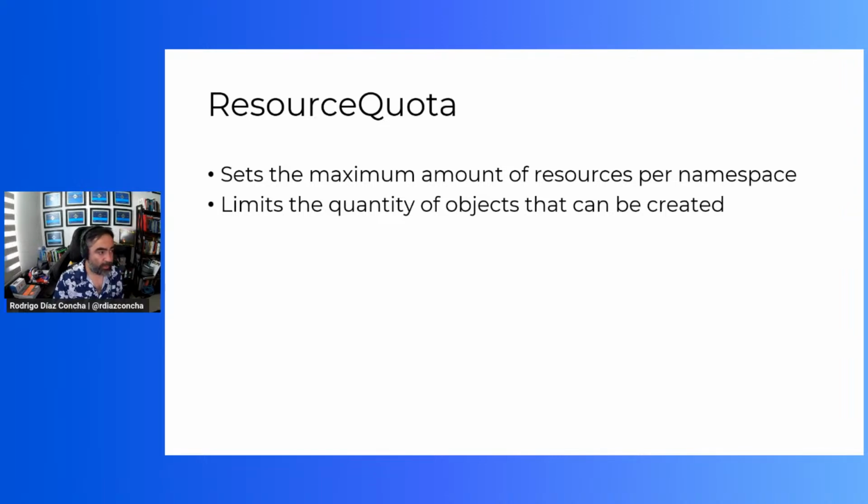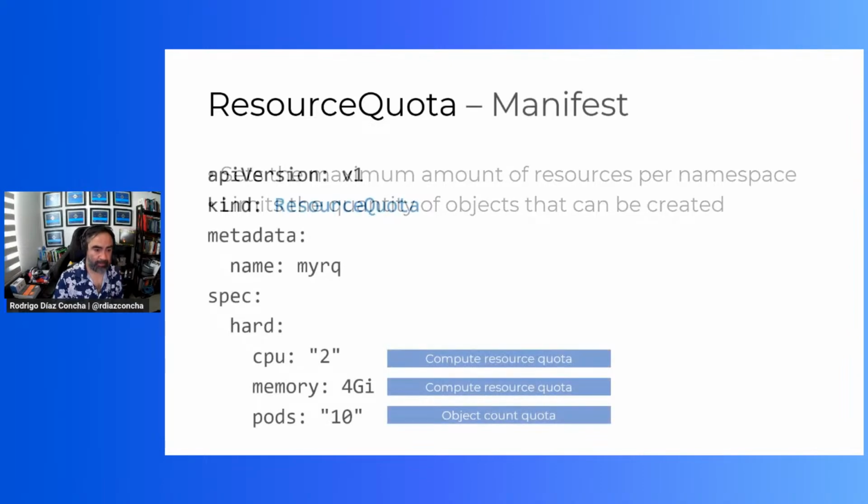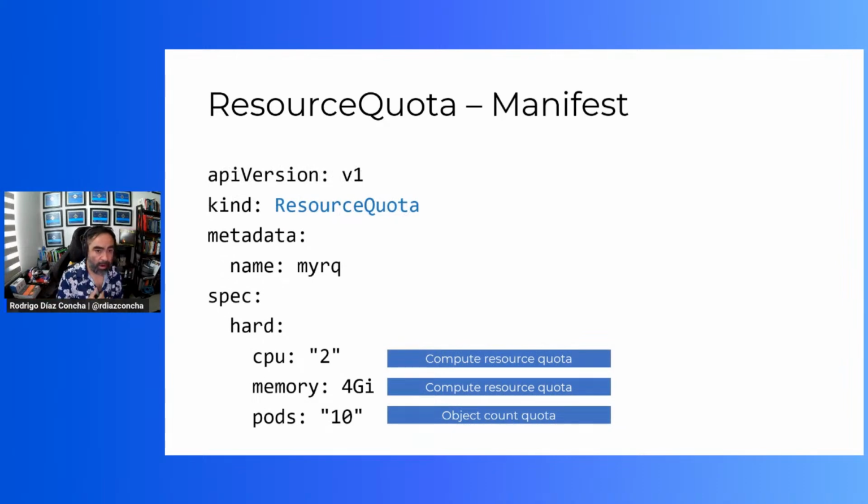And we saw resource quota objects as well. You create those resource quota objects by using a manifest. And inside the specification, you can set some limits in terms of CPU or memory, or even the number of objects that you can create for a particular namespace.